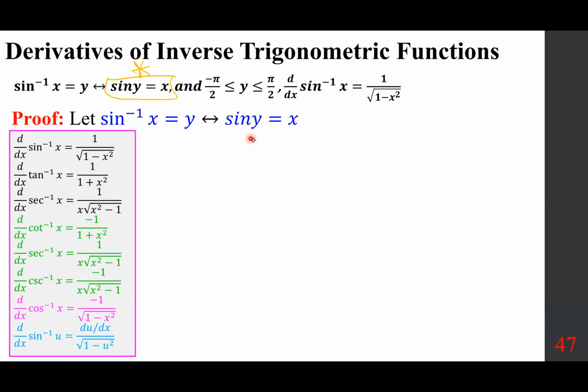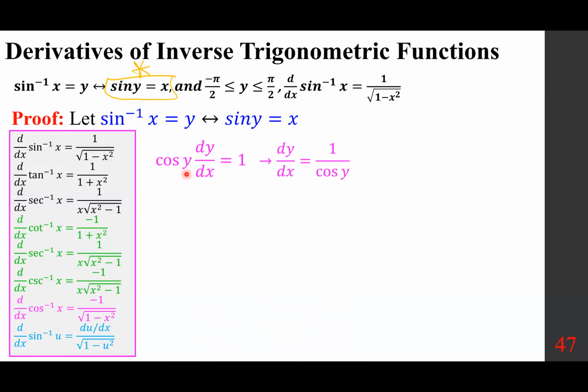The derivative of sine is cosine, so cosine y times y prime, or dy dx, and the derivative of x gives you 1. Cosine y dy dx equals 1. This is implicitly knowing y is g of x, so you can say cosine of g of x times g prime of x by the chain rule. Therefore, dy dx is 1 over cosine y.